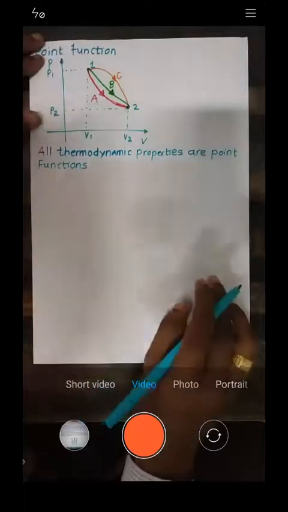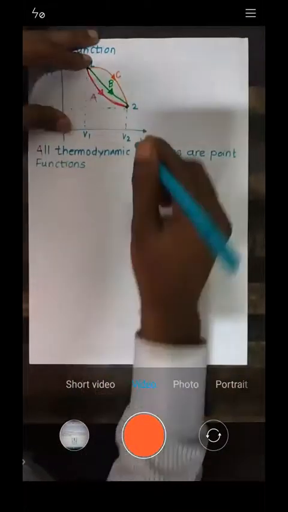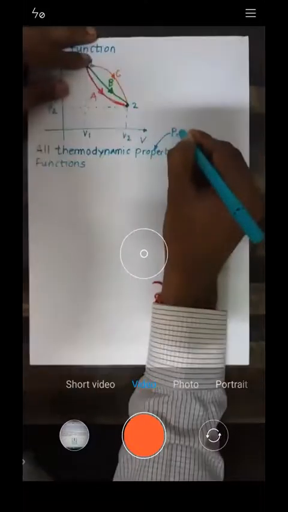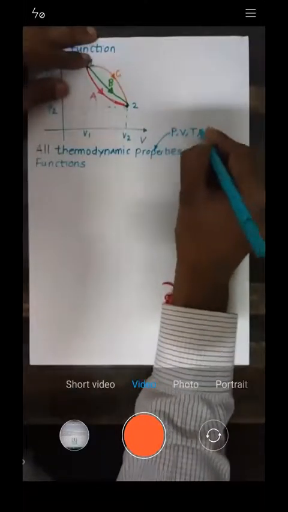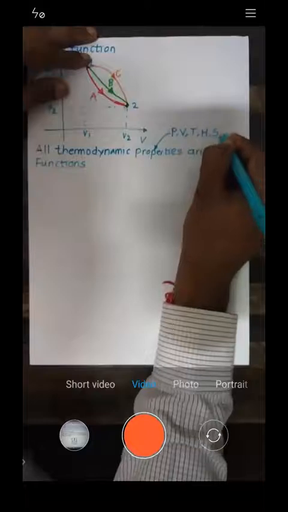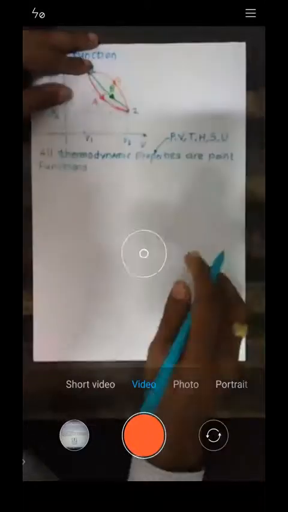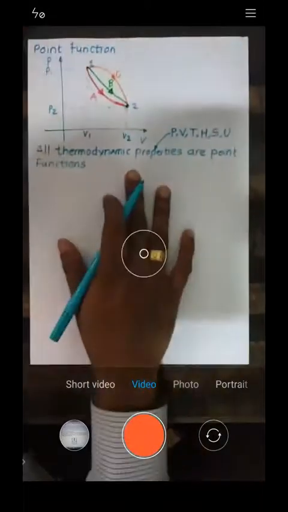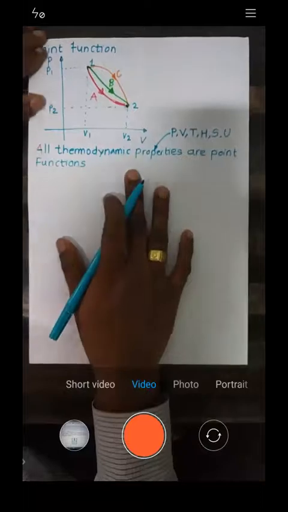Understood? So which are those thermodynamic properties? Those thermodynamic properties are pressure, volume, temperature, enthalpy, entropy, internal energy. Try to understand. So all these thermodynamic properties are point functions.